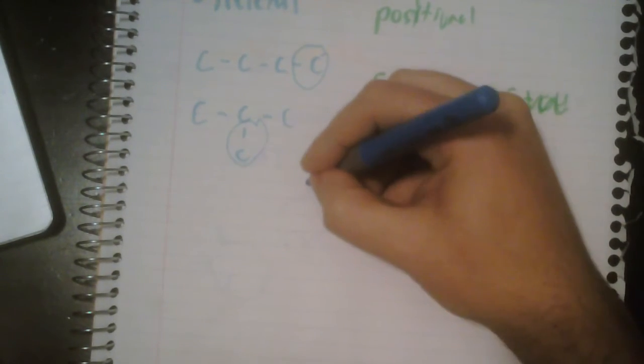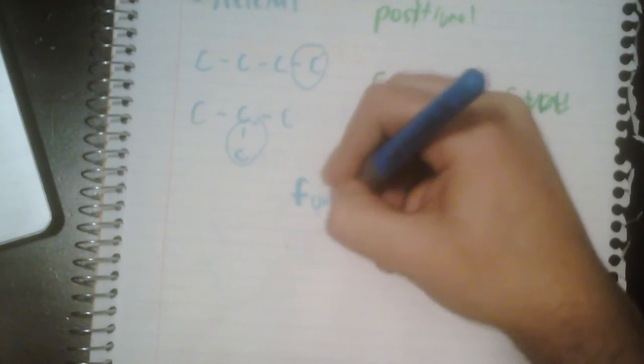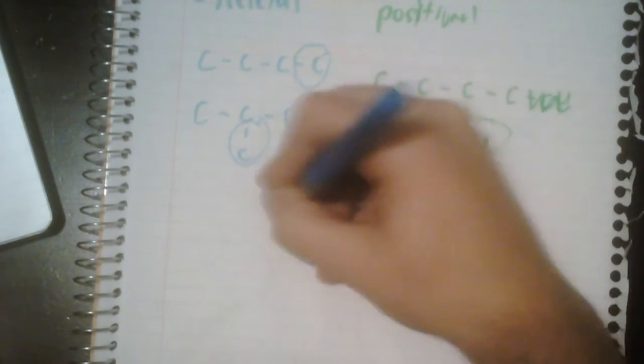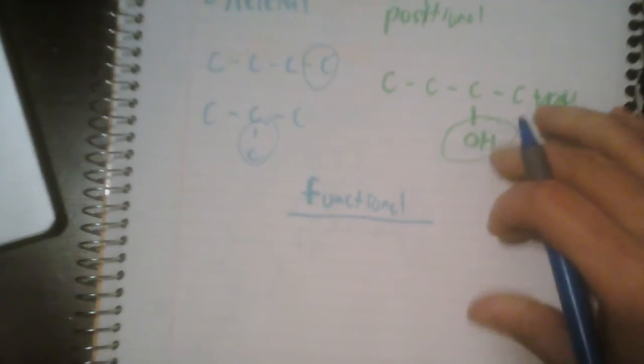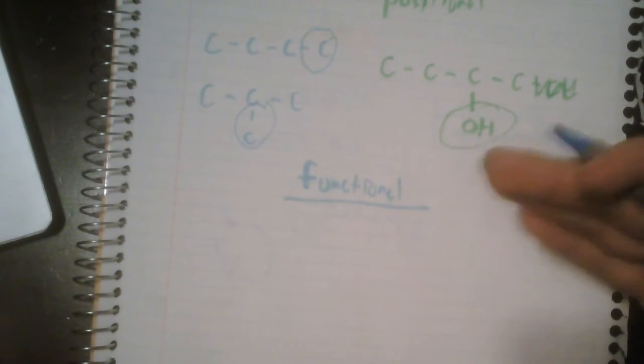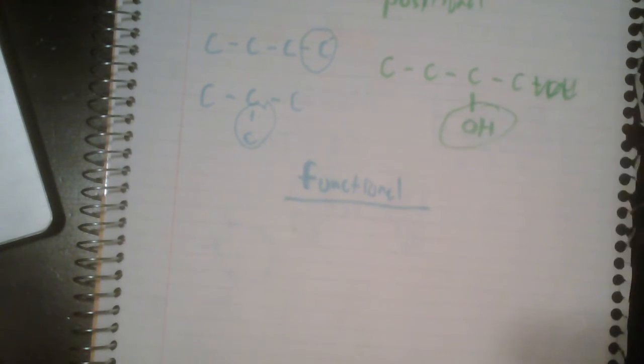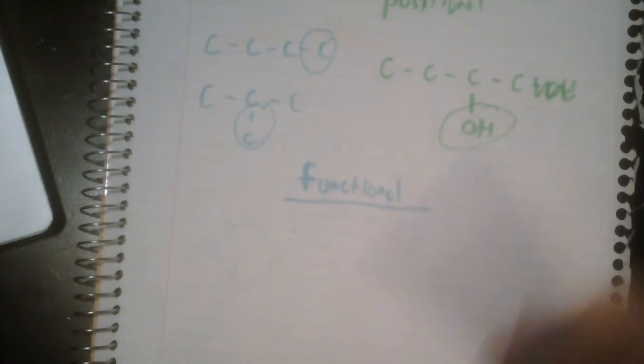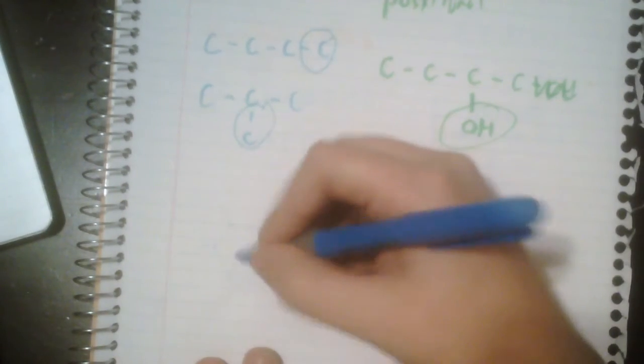The final one, and this gets kind of confusing because positional is moving the functional group, but there's one other one which is actually called functional isomer. And a functional isomer means that you're basically fundamentally changing what the molecule is going to do. So the only example that we're really going to do in this class is going to be with ethers.